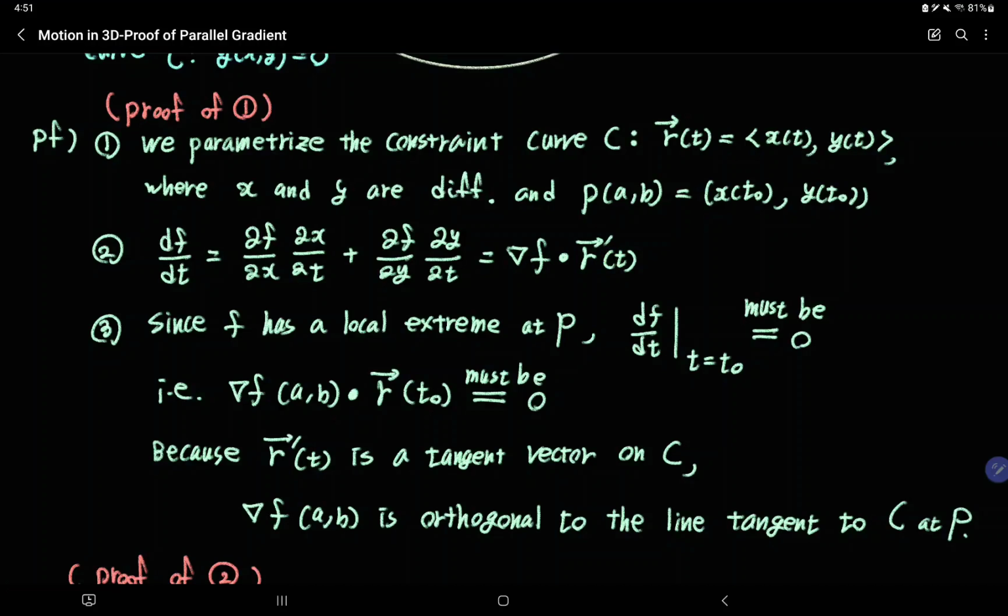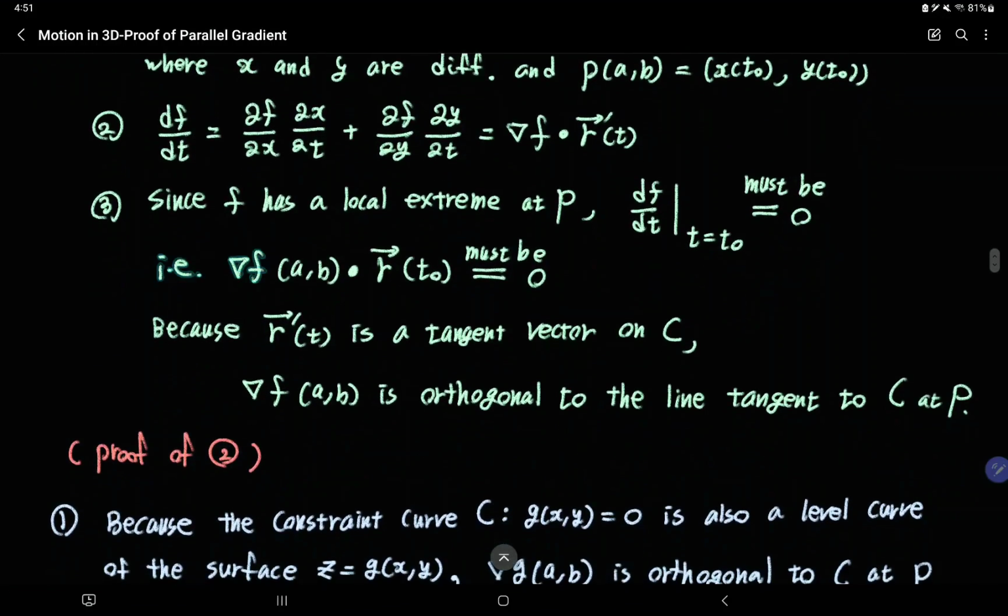Now, since f has a local extreme value at P, the derivative df/dt must be 0 at t = t0. But df/dt is this dot product, so it is 0 at t = t0, which means these two vectors are orthogonal.